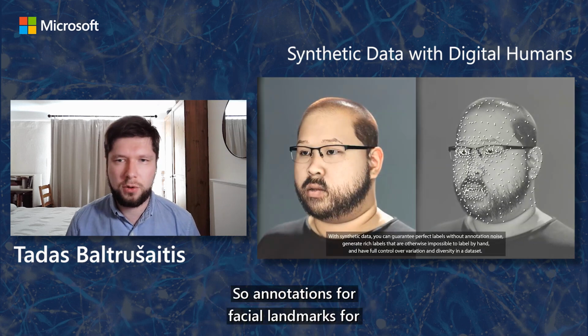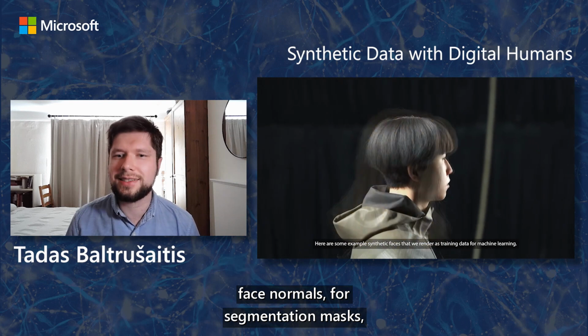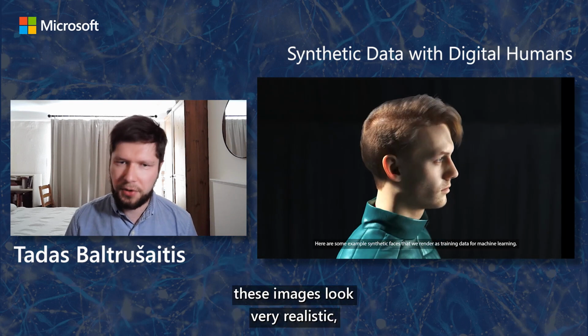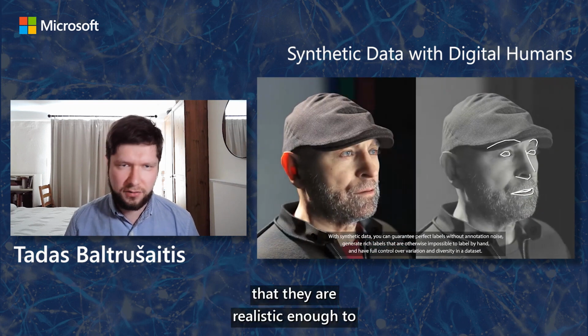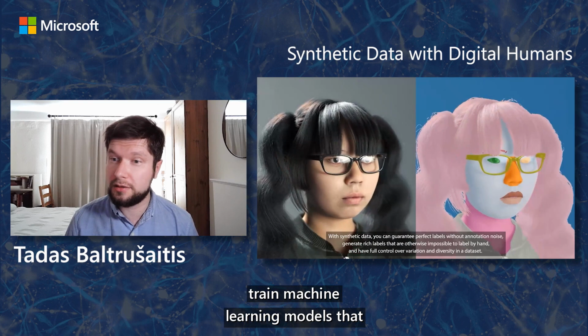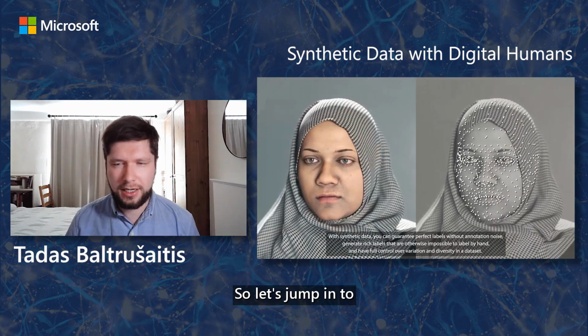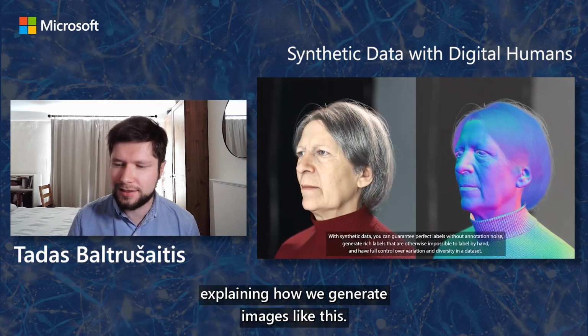So annotations for facial landmarks, for face normals, for segmentation masks. And I hope that you'll agree that these images look very realistic and will also demonstrate that they are realistic enough to train machine learning models that will perform on real data. So let's jump in to explaining how we generate images like this.